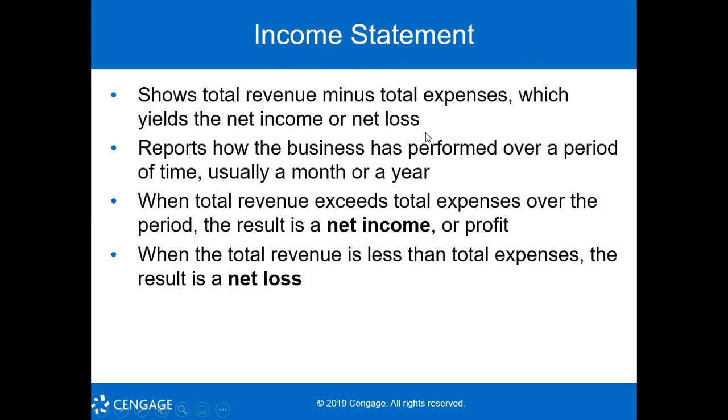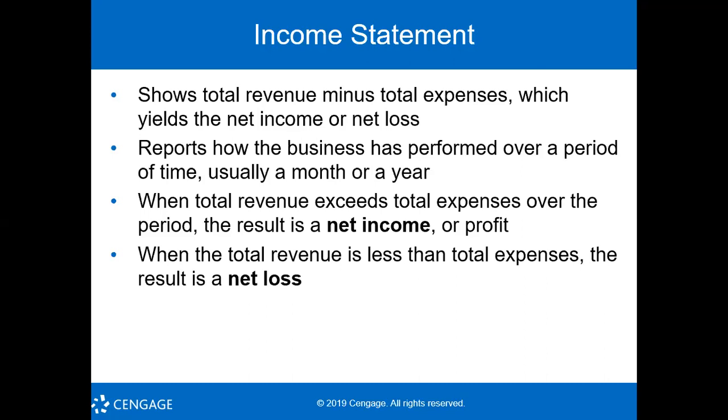When we have a net income, that means that we had more revenue than expenses. Just to make the math easy on my brain, let's say that we had 1,000 in revenue and 300 in expenses. 1,000 in revenue minus 300 in expenses means that we had 700 net income, right?